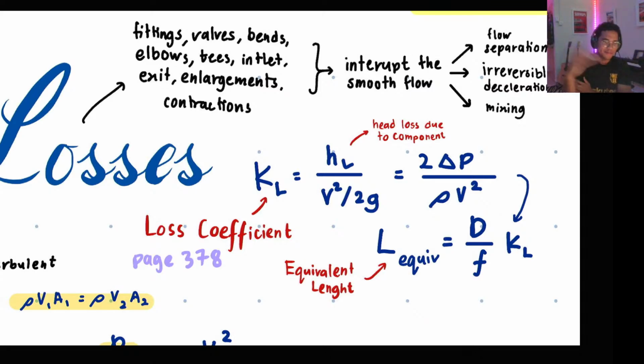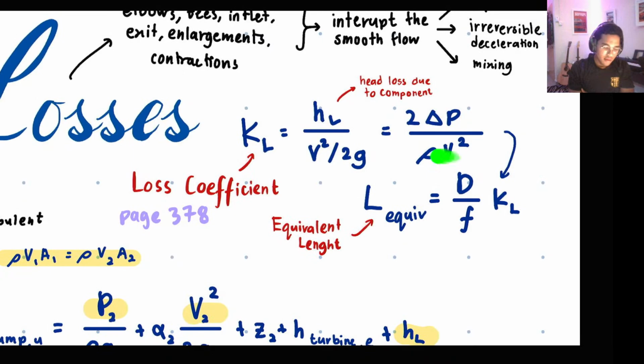Hey, welcome Faris. Let's go Faris. So this is the simplified equation of the loss coefficient after replacing HL. We can also represent minor losses by the equivalent length. What does the equivalent mean? It means that if you put a component, like a valve, there will be a pressure drop.